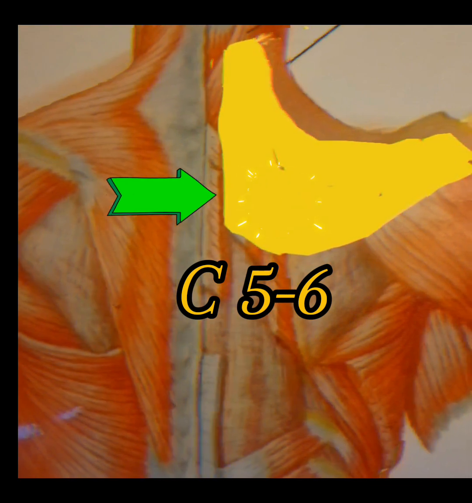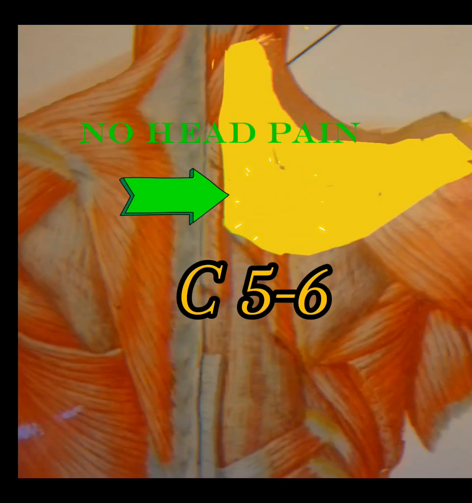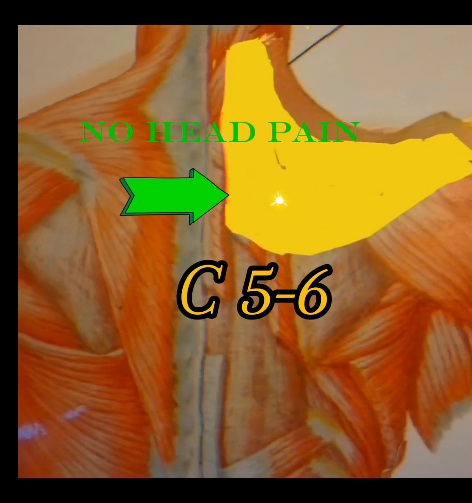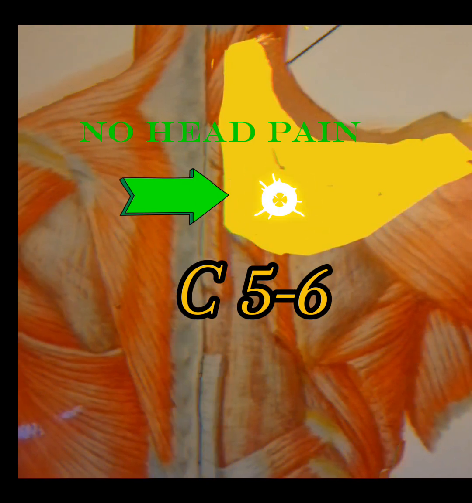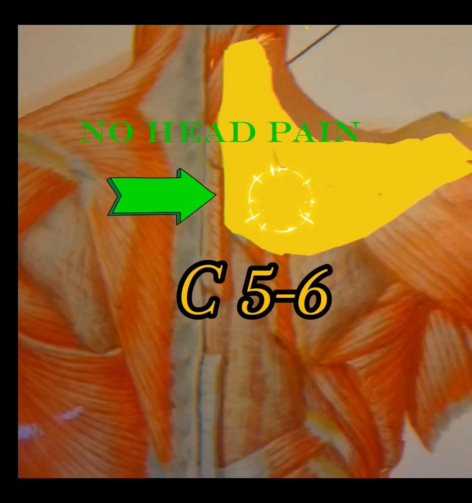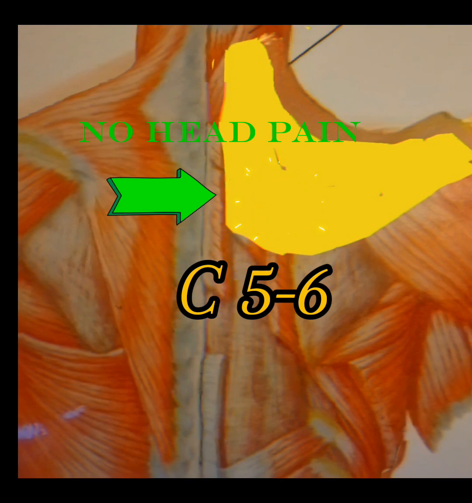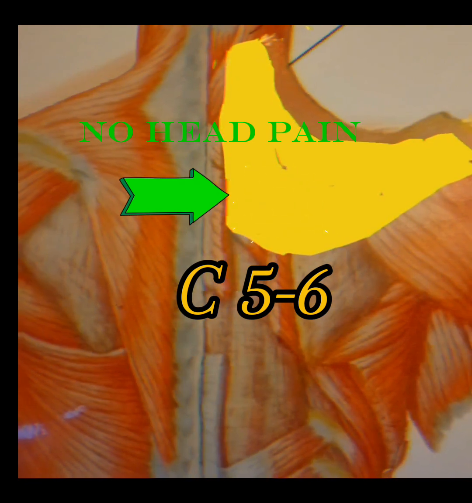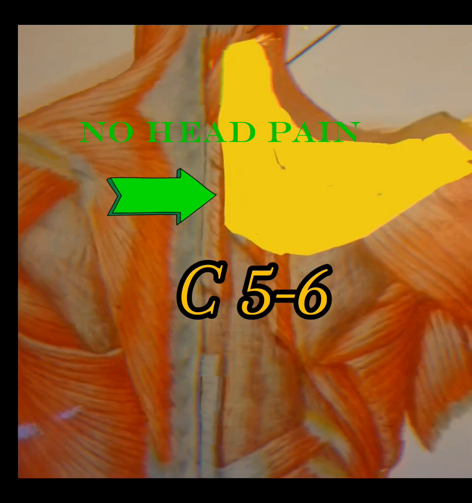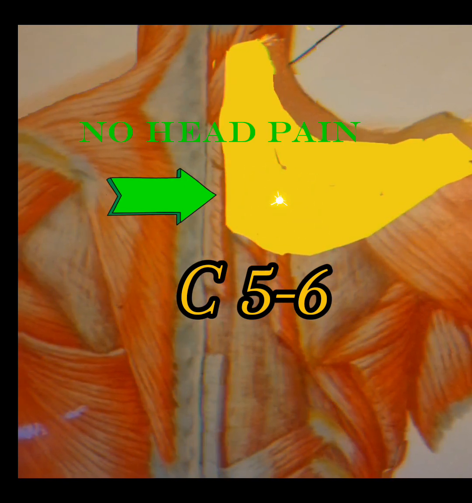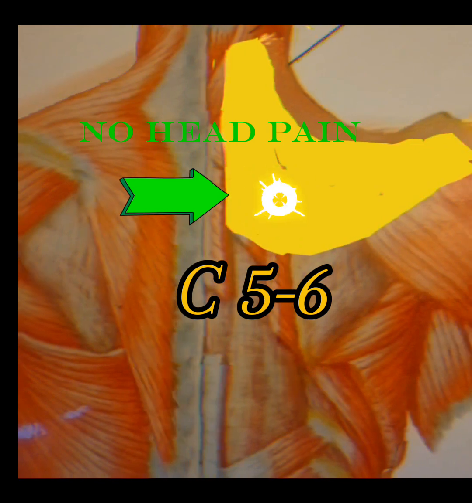It can extend cranially toward the suboccipital region, laterally across the outer margin of the shoulder girdle and arm, and less frequently it may spread inferiorly over the scapular region or into the posterior arm.